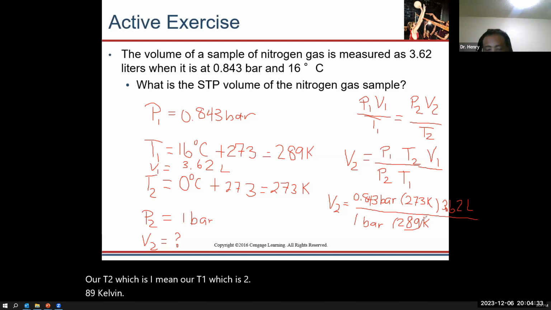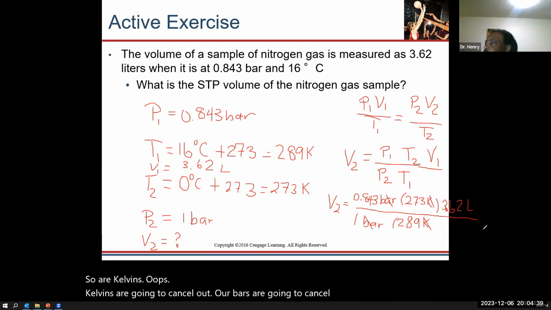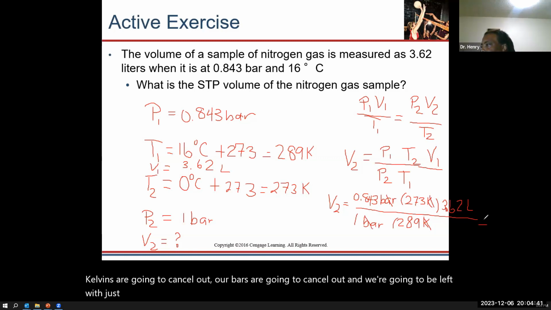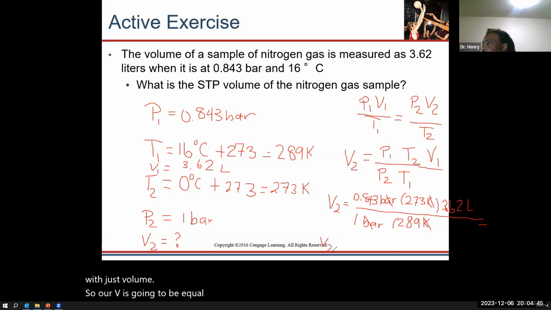So our Kelvins are going to cancel out, the bars are going to cancel out, and we're going to be left with just volume. Our V is going to be equal to, sharing up 3 sig figs, so 2.88 liters.